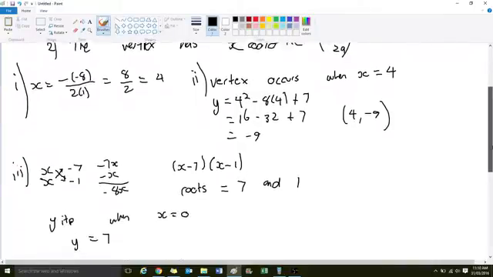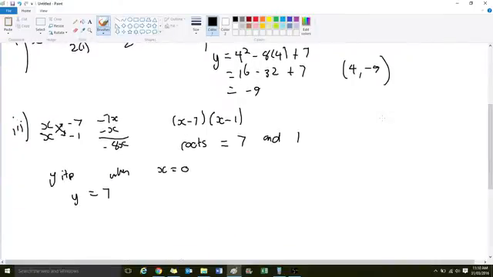So we've got all this information that we can sketch onto our Cartesian plane. We know that the vertex is at x is 4, y is minus 9. So x is 4, about here, and y is minus 9, down here.